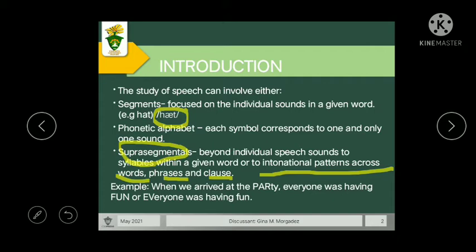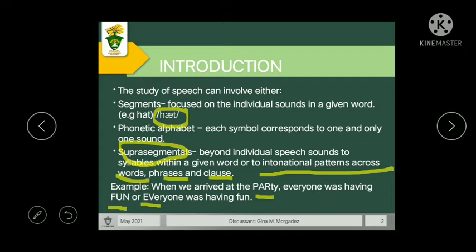In each unit, the pitch will rise, peak on one syllable and then fall, and the syllable with the highest pitch will receive the greatest stress, indicated by the capital letters: PAR in party and FUN in fun. So let's read: when we arrived at the PARty, everyone was having FUN.